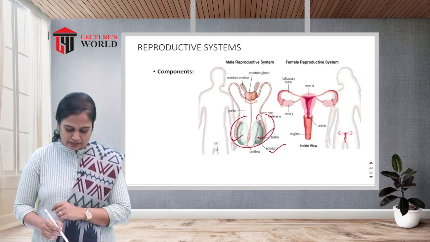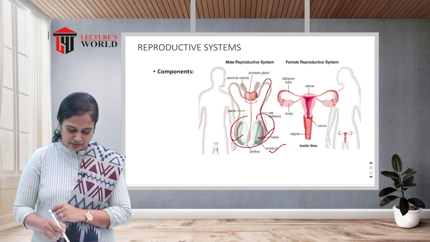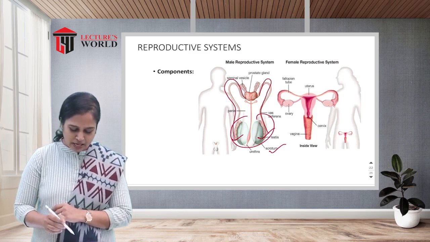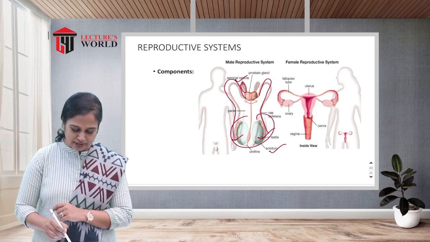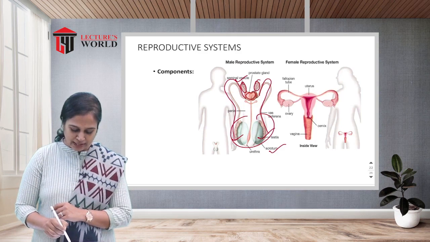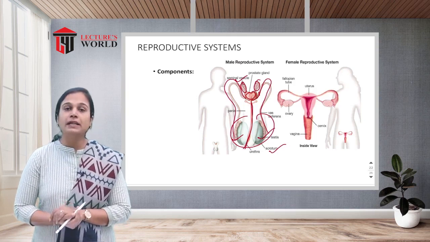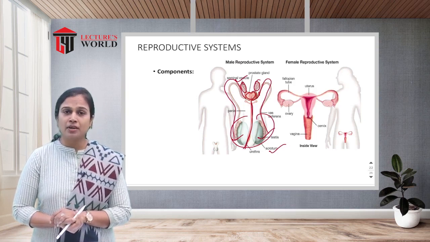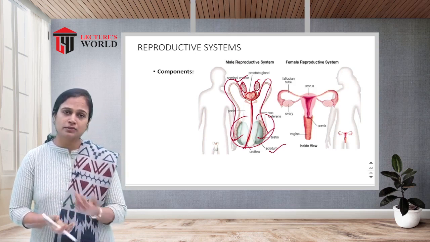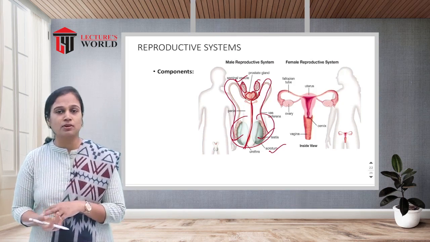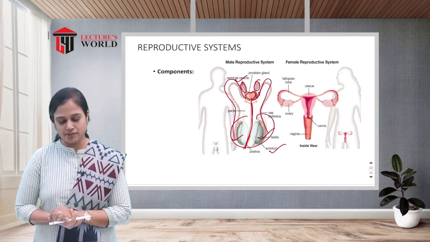Then this is the vas deferens, and these are the seminal vesicles. This is the prostate gland, and from there this is the urethra. In the male, the urethra has a place in the urinary system and also in the reproductive system.